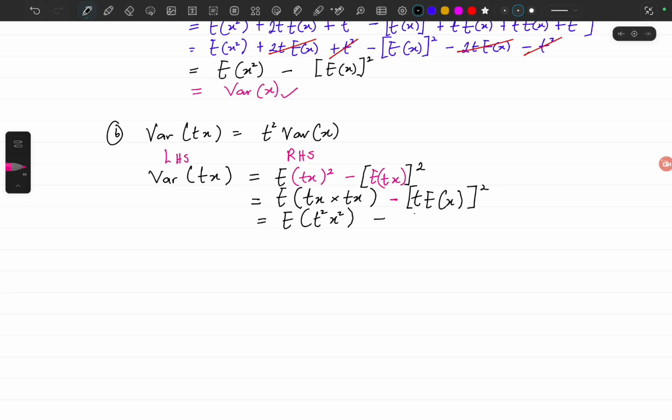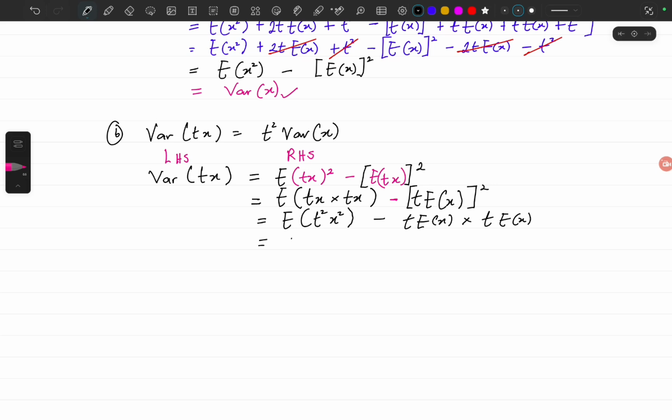In this way, it's going to be the t multiplied by the expected value, multiplied by the t, and the expected value. That's what square means.